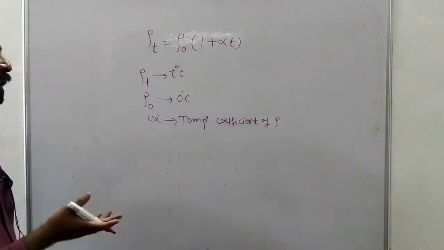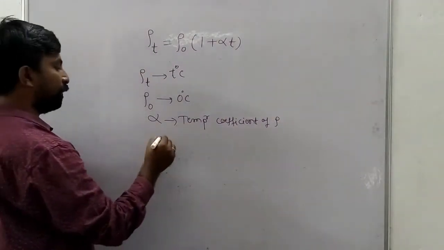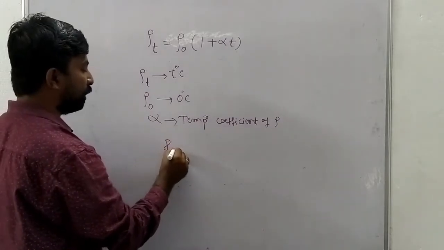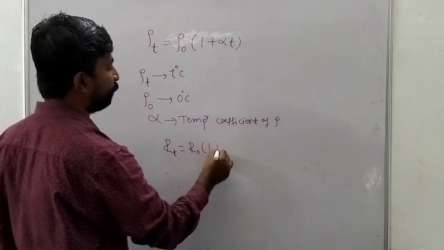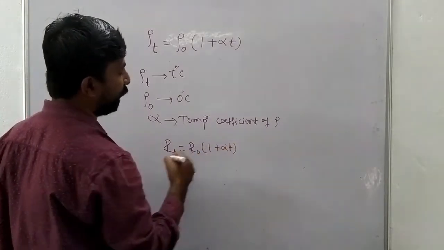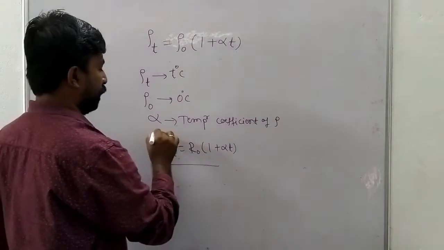In terms of resistance, we can write RT is equal to R naught into bracket of 1 plus alpha T.